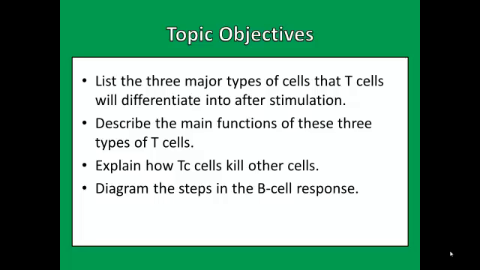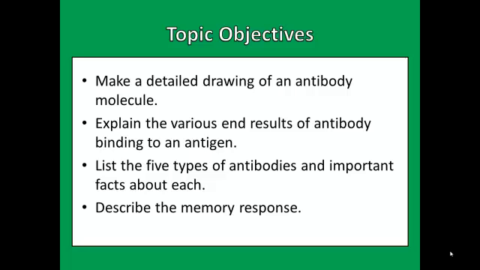In this topic, I want you to be able to list the three major types of cells that T-cells will differentiate into after stimulation, describe the main functions of these three types of T-cells, explain how cytotoxic T-cells, or TC cells, kill other cells, diagram the steps in the B-cell response, make a detailed drawing of an antibody molecule, explain the various end results of antibody binding to an antigen, list the 5 types of antibodies and important facts about each, and describe the memory response.